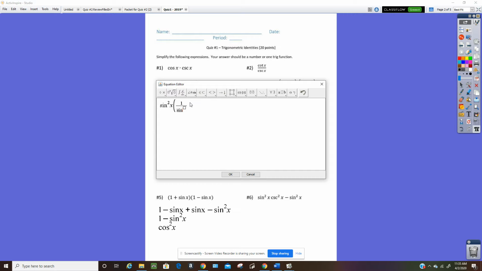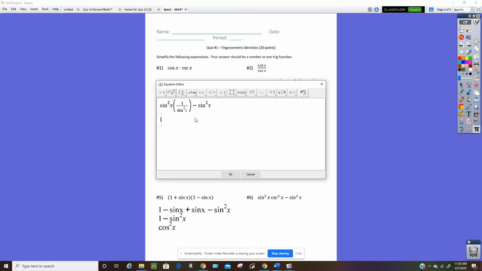Type correctly here, sine squared, and then minus sine squared. And then these sine squared cancel.